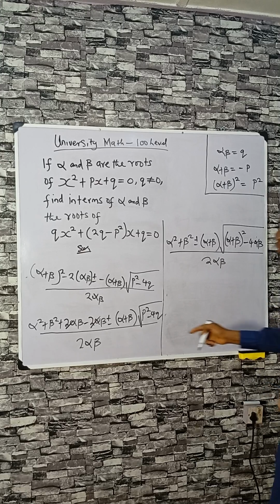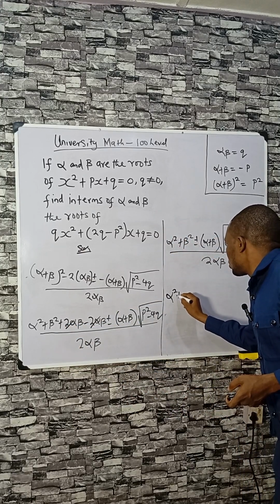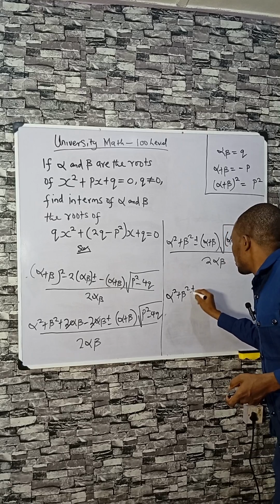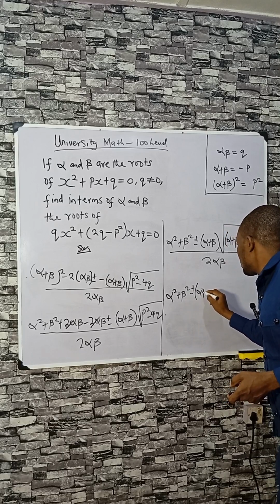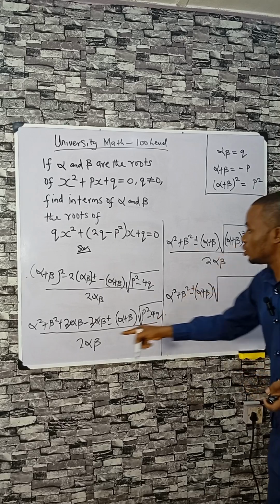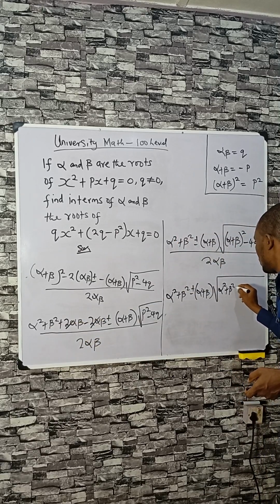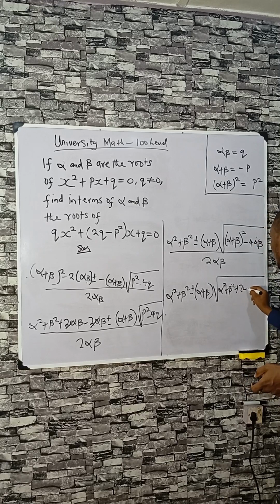To expand this bracket, you still have this, so no point wasting time. Alpha squared plus beta squared plus or minus alpha plus beta. Now this bracket being expanded gives alpha squared plus beta squared plus 2 alpha beta, that is for this, then minus 4 alpha beta.